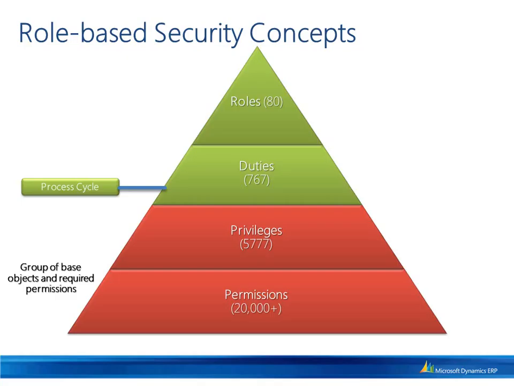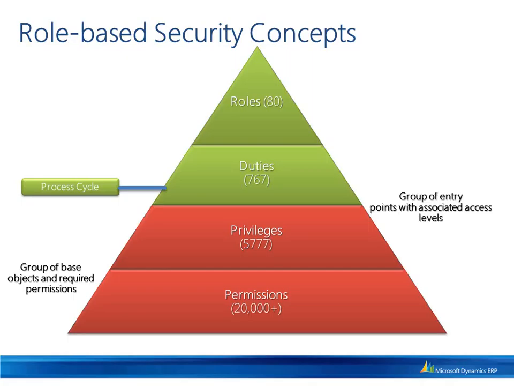Permissions are a set of base objects with required access level, whereas a privilege is a group of entry points and its corresponding access rights. As you can see, there are thousands of permissions and privileges shipped out of the box, but managing these will be very tedious.